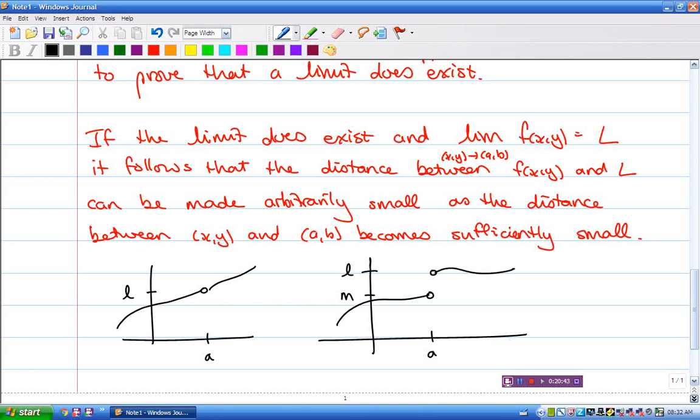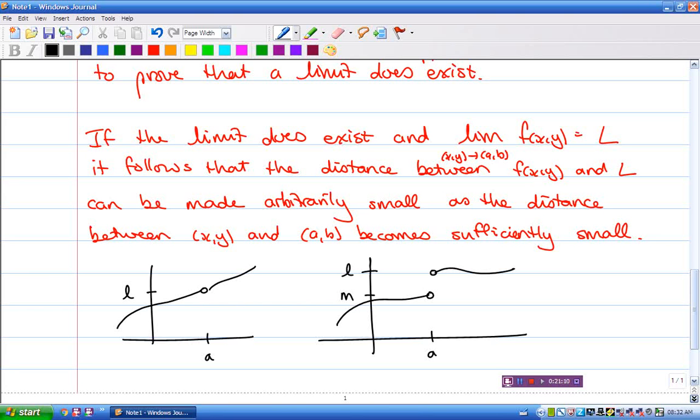And the whole idea behind limits is that if f tends to L as x tends to A, it means the distance between any function value and L can be made arbitrarily small by simply choosing x sufficiently close to A. Okay, and then the same thing goes for two-dimensional functions, which is what I've written in the red there.